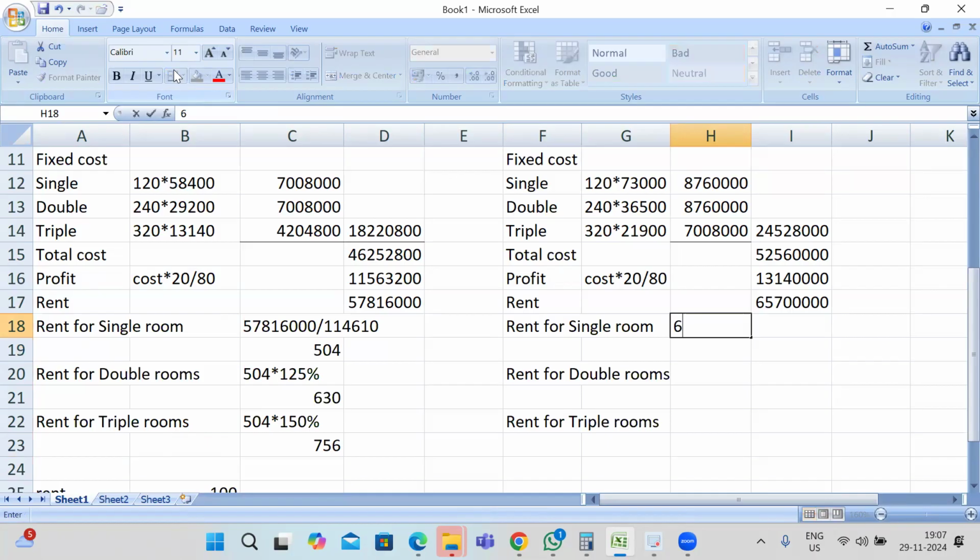So 6 crore 57 lakhs, right? Divided by number of days, it is 1,14,610. So I will be getting 573 per room. That is for single room itself. So for double rooms, 573 into 125 percentage.